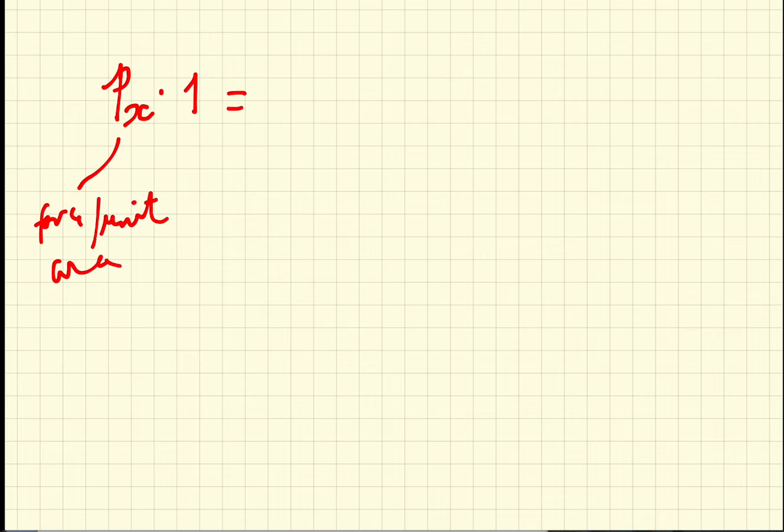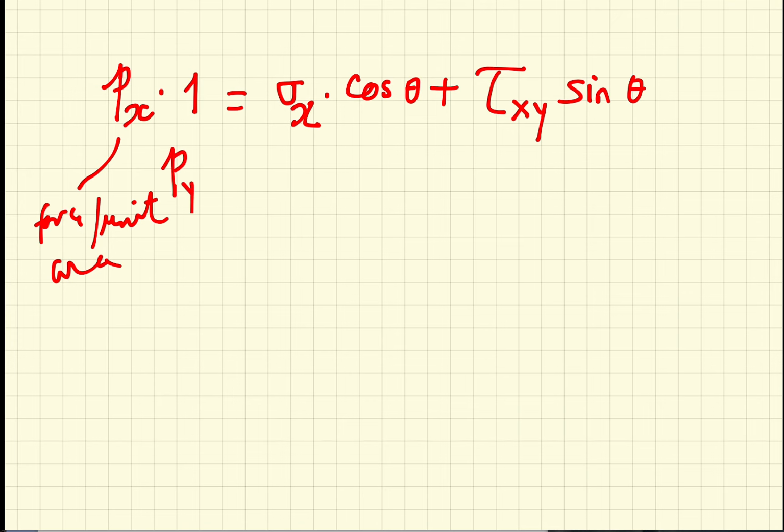So the force per unit area times the area is equal to the stress, again a force per unit area, times the area it is acting on, which is cosine theta, plus we have to not forget that we have tau xy acting on an area equal to sine theta. Same thing we can write for p y: it will be equal to sigma y sine theta plus tau xy cosine theta.